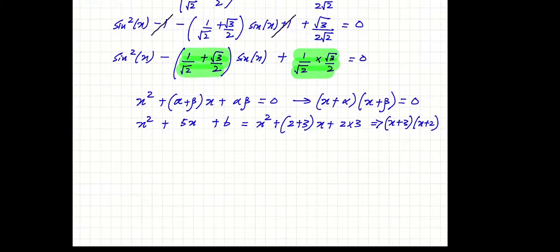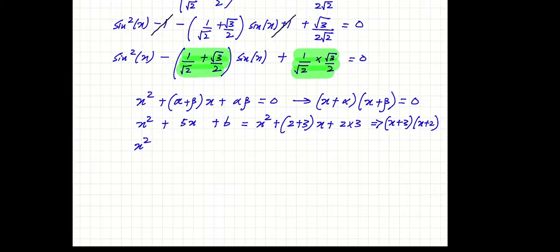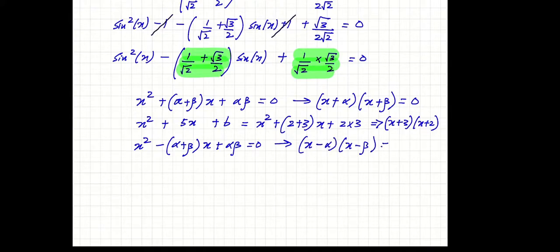The teacher who taught you this when you were in grade 6 might have taught you this. Now we are going to take that structure into this business and then you can factorize it. Now, what if you have x squared minus alpha plus beta x plus alpha beta? These are the things that you have to do at home. If you have that, it would be x minus alpha, x minus beta. Easy.